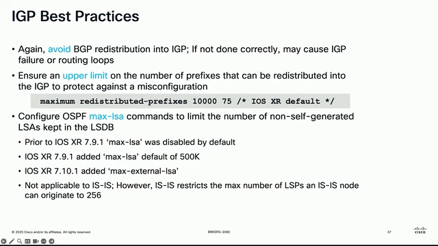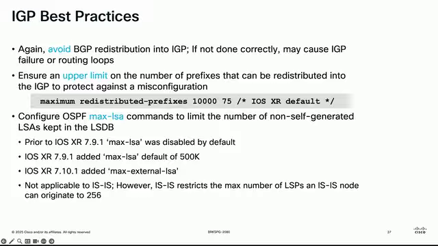By default, IOS XR has a limit of 10,000, with a warning at 75%. We highly recommend, again, do not rely on the default value; adjust the values based on your own requirements. This CLI is available for both OSPF and ISIS.